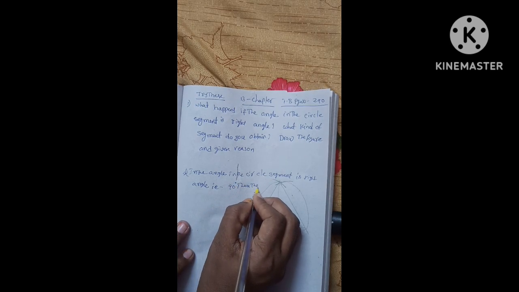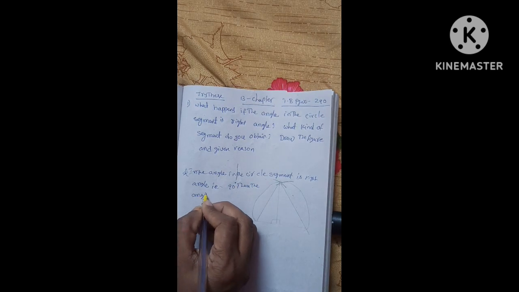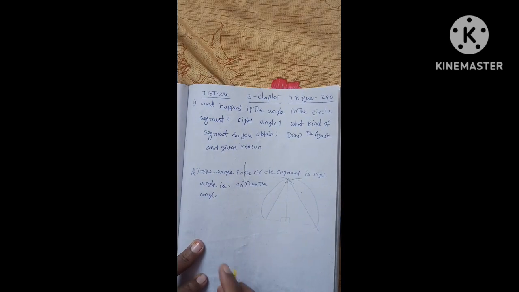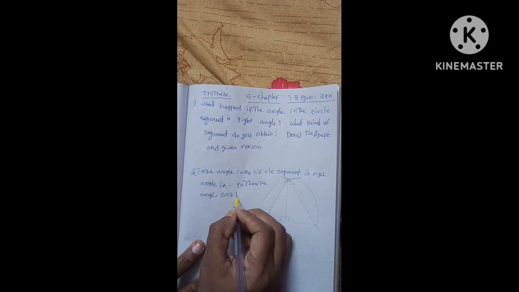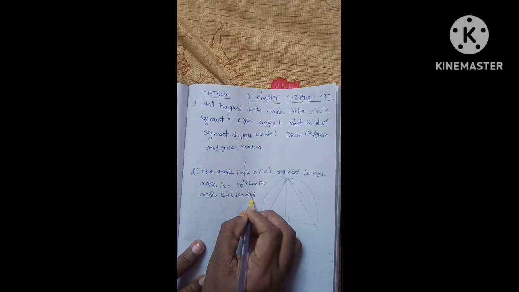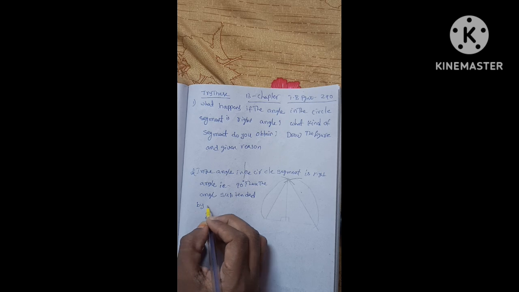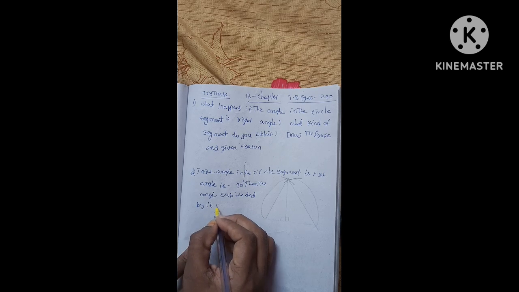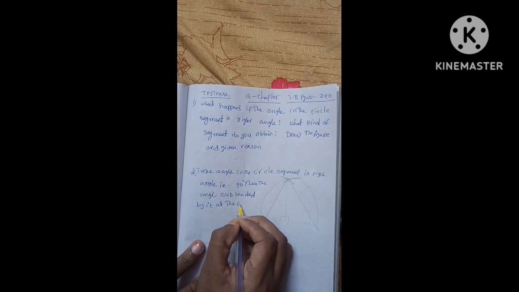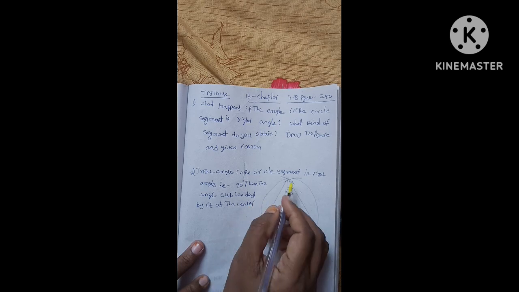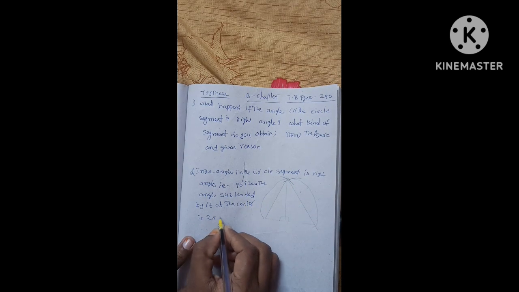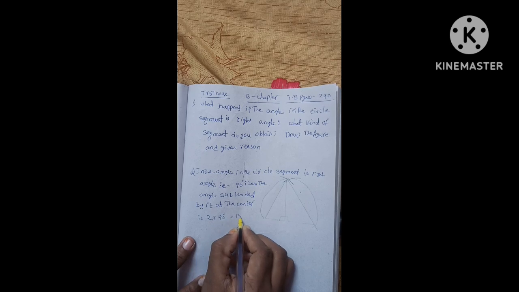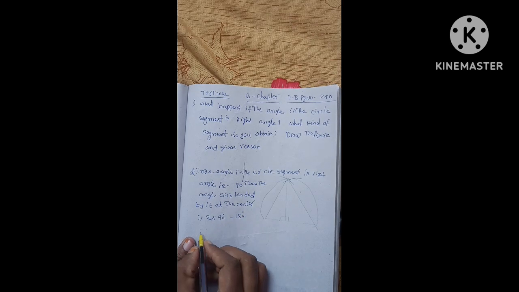Then the angle subtended by it at the center, so it is 2 into 90 degrees, that is 180 degrees formed.